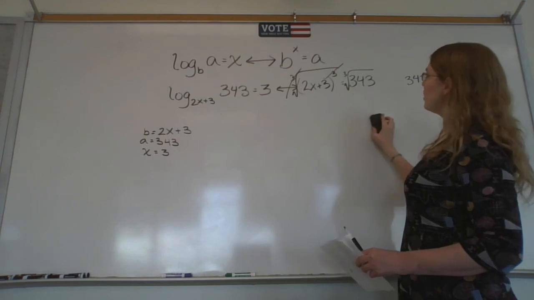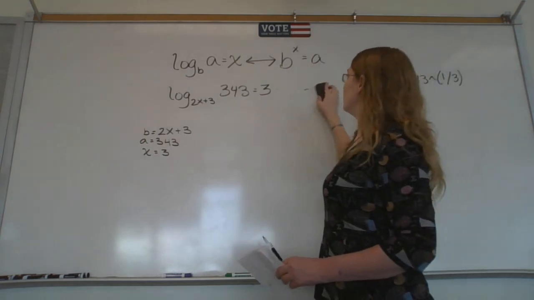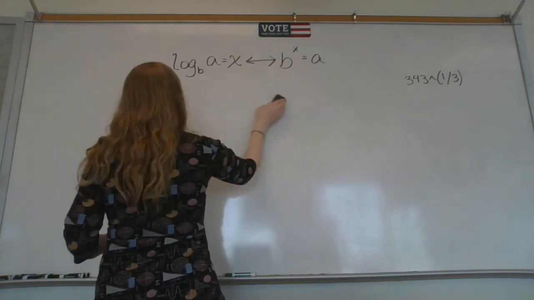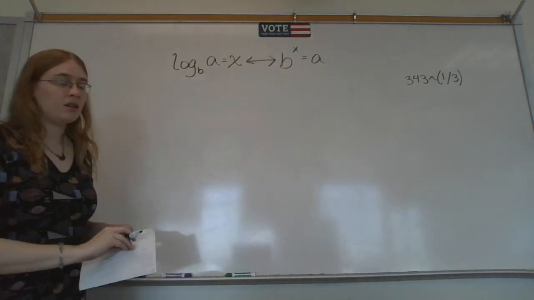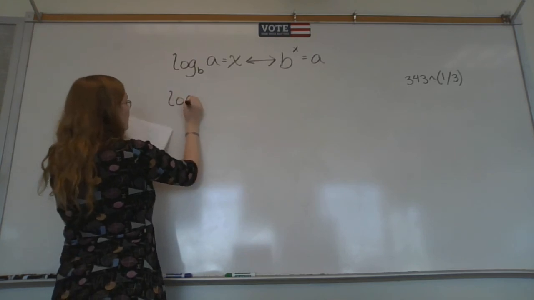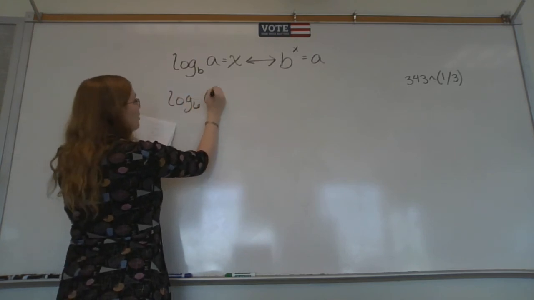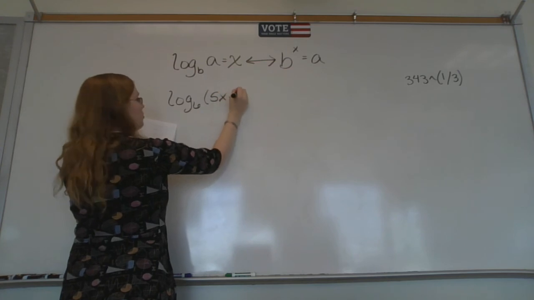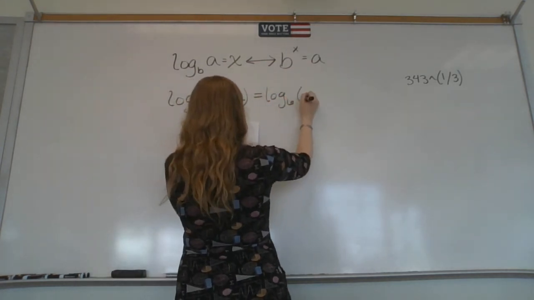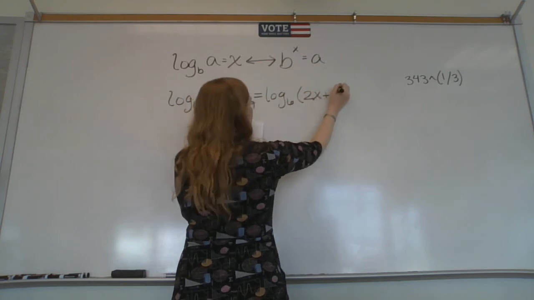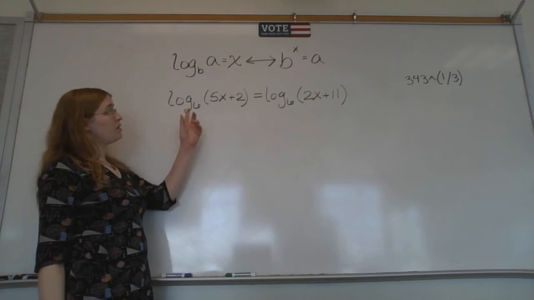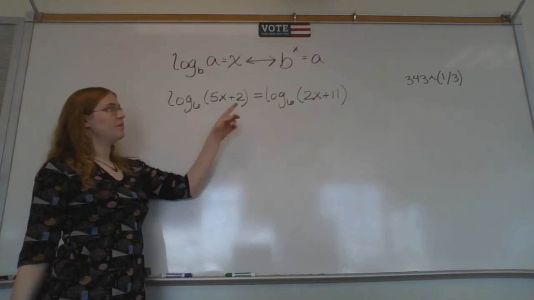And then the last one I want to do is slightly different, but possibly even easier because it hardly requires anything new. If I had, this is just to cover my bases, log base 6 of 5x plus 2 equals log base 6 of 2x plus 11, notice these have the same base.